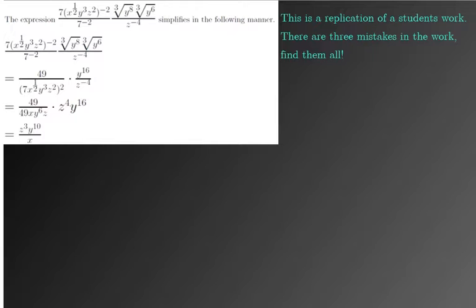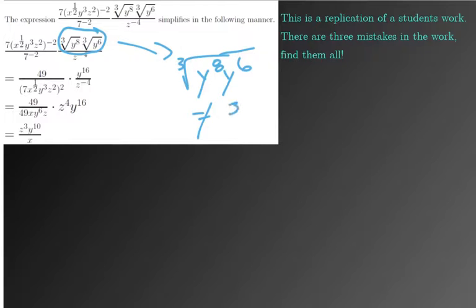All right, so one of them is in here. Okay, so what they did is they probably combined the 2 cube roots there. But what they did that's wrong is they probably thought that was cube root of y to the 48, right? 6 times 8. Because then the cube root of y to the 48th would be equal to y to the 16th.